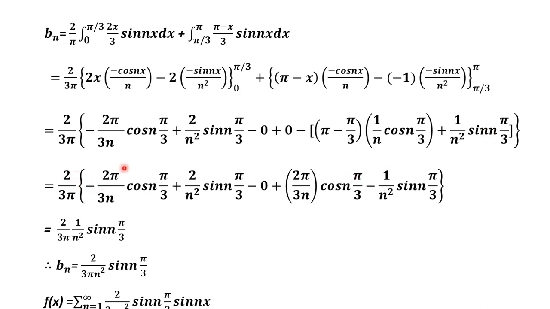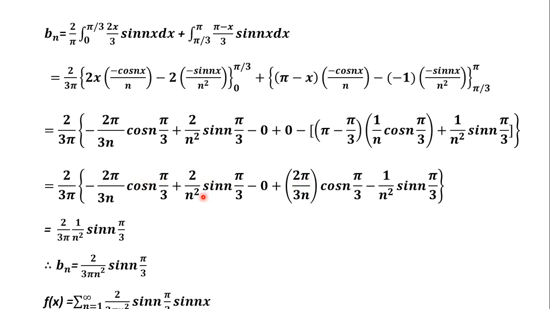So here we get minus 2 pi by 3n cos n pi by 3 plus 2 by n square sin n pi by 3 and 2 pi by 3n into cos n pi by 3 minus 1 by n square into sin n pi by 3 minus 2 pi by 3n cos n pi by 3 and plus 2 pi by 3n cos n pi by 3. These two terms get cancelled out.